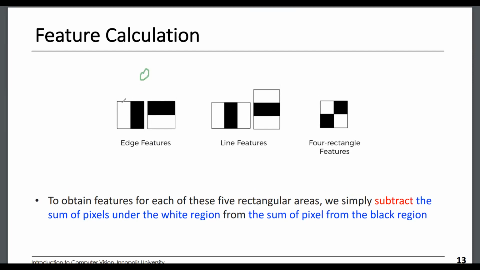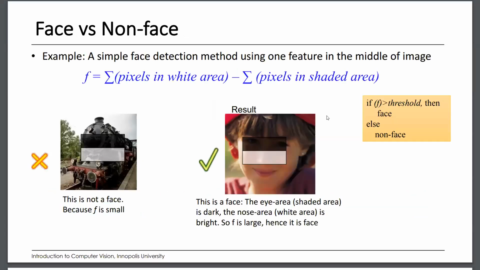And this area is much whiter, then it's going to have values like 255. If you subtract the sum of the black regions from the sum of white regions, you're going to have a very high number. If you have a very high number, this means this feature has been detected. If it's a low number, this feature is not detected.